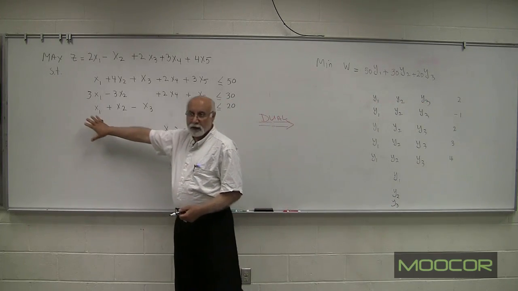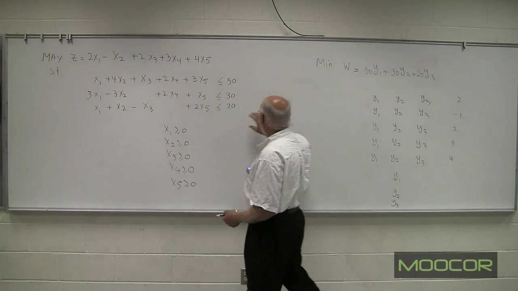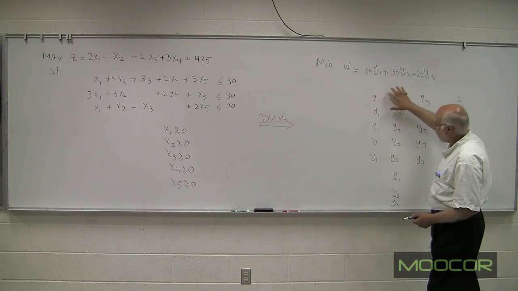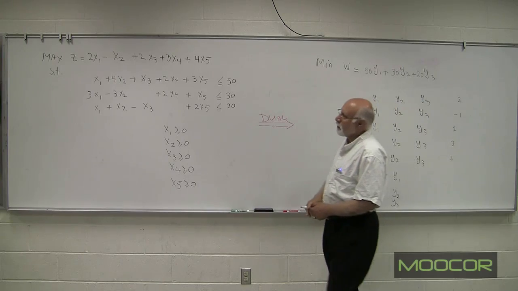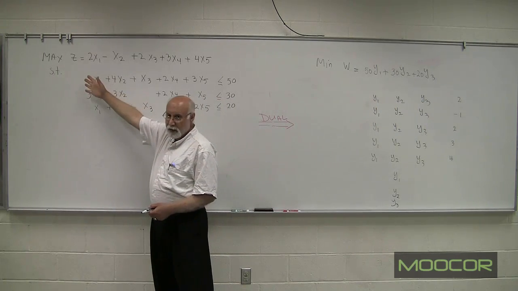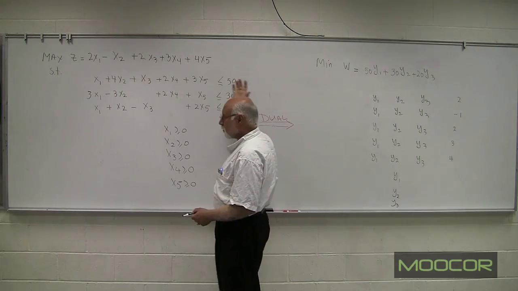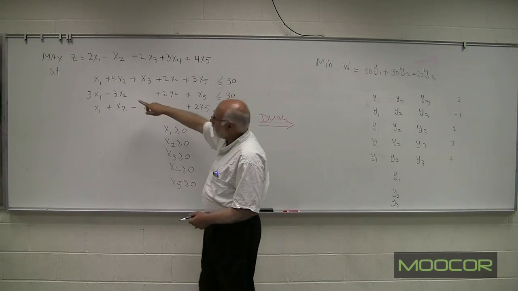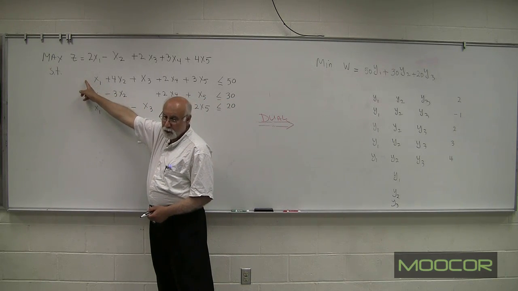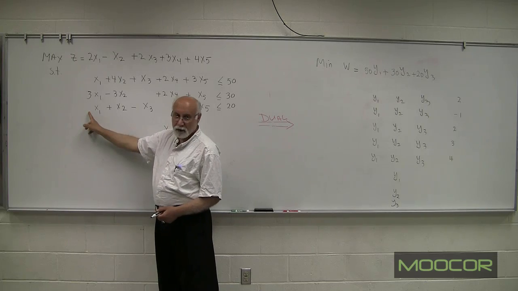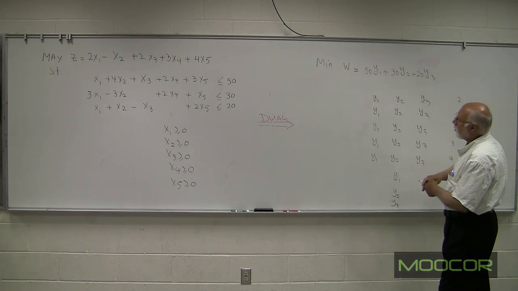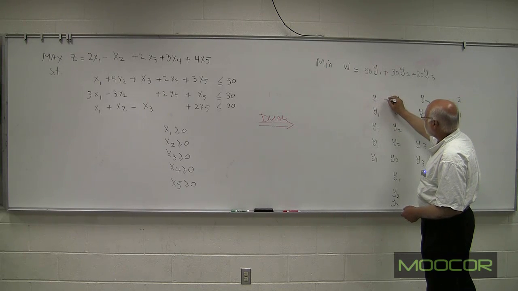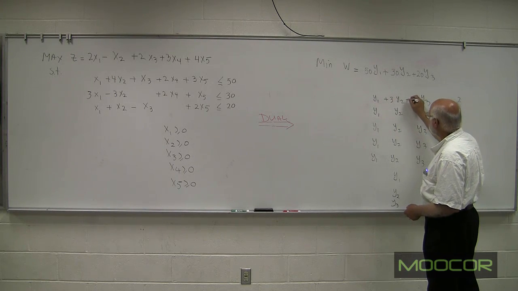The next thing was to create the coefficients for these variables. Remember that it is a transpose matrix. This column, which is 1, 3, and 1, becomes the coefficients of this row. That's 1, 3, and 1.